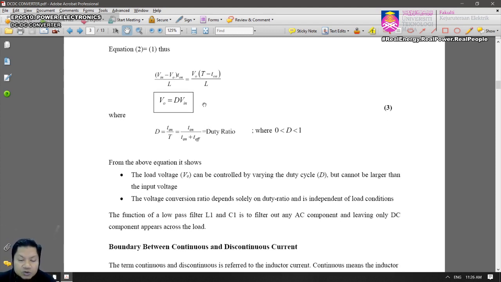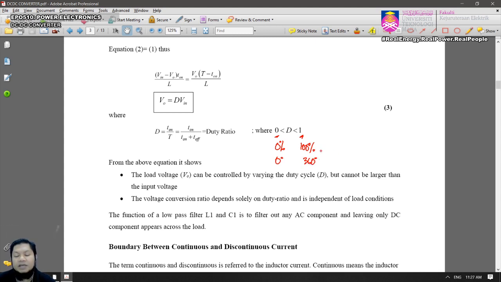Vout equals D multiplied by Vin, and we know that D can be from, it's already here. Okay, so D can be from 0 to 1, or it can be 0% to 100%, or in terms of PWM later on, from 0 degree to 360 degree.